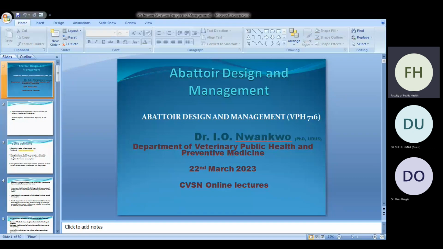We equally have what we call the white offal. These are the terms we use in the abattoir in relationship to meat inspection. They include the brain, spine, bone marrow, testicles. They are more whitish in color because of their content.